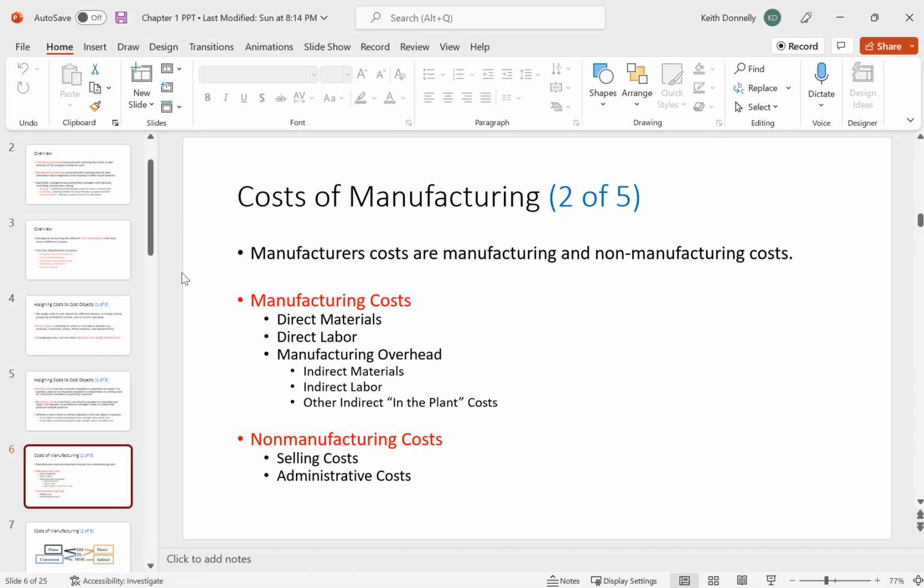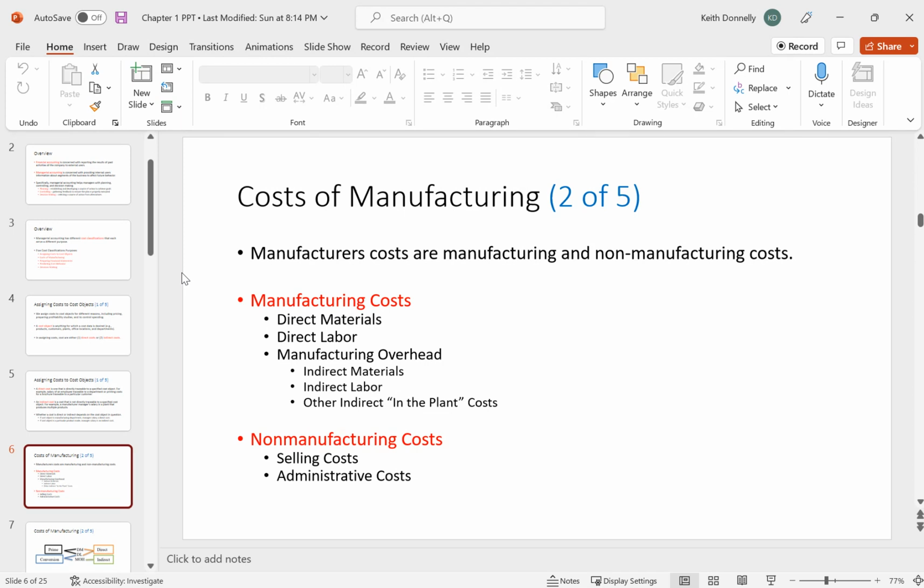Second purpose here of cost classification, right? Another way we can describe costs. They can be manufacturing costs or they can be non-manufacturing costs. So manufacturing costs are basically those costs directly related to manufacturing. And it can be our direct materials, our direct labor, then it can be other indirect costs. So our manufacturing overhead, right?